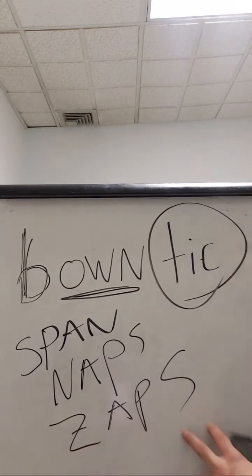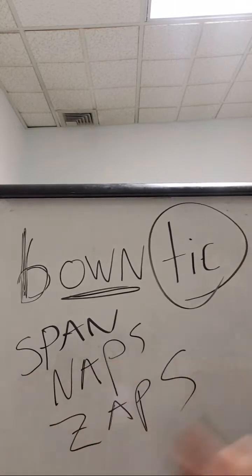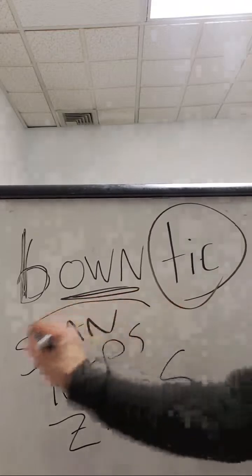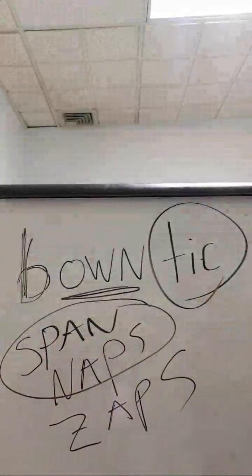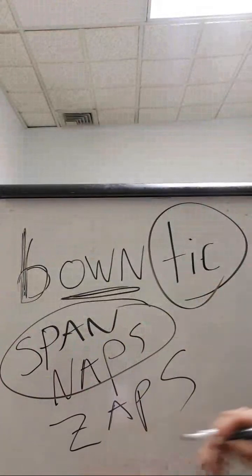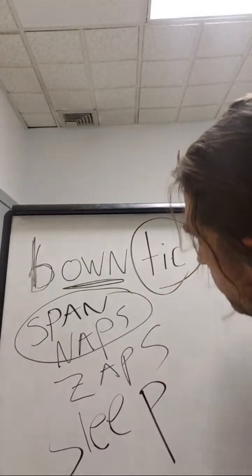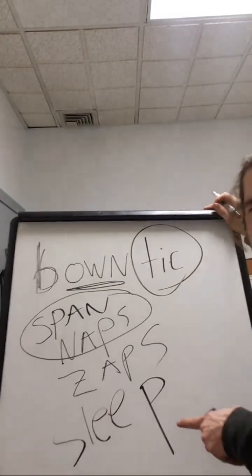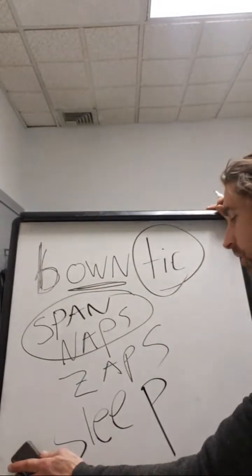We're doing this back and forth movement of sound. As far as wingspan, span, when we look at sleep, it's got the PS and then it's got the P at the end, right? And if we look at it this way, it's peels.